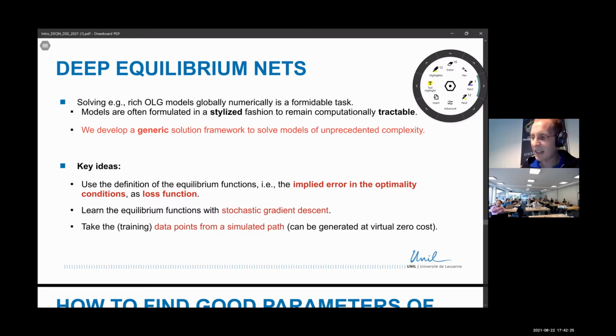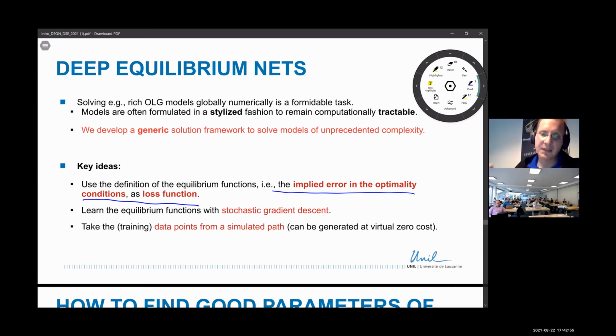So the key ideas that we use in deep equilibrium nets are threefold. The first thing is we come up with a cost function that is economically motivated, an unsupervised learning cost function. Namely, it will be the implied error in the optimality conditions of our model. That's key idea one.